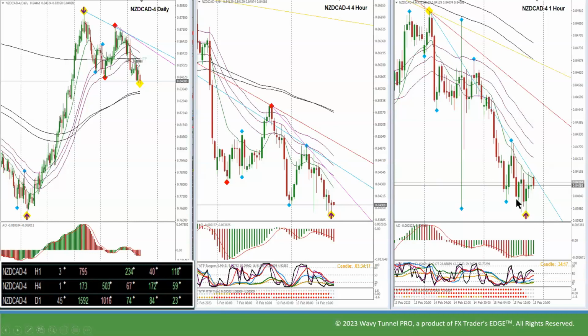But I don't see divergence here. I see divergence on the bigger time frames, but I don't see divergence on the hourly. So a buy at this arrow is just a very short-term trade initially into the wave. Okay, that's what I'm seeing. And then we have to see from there.